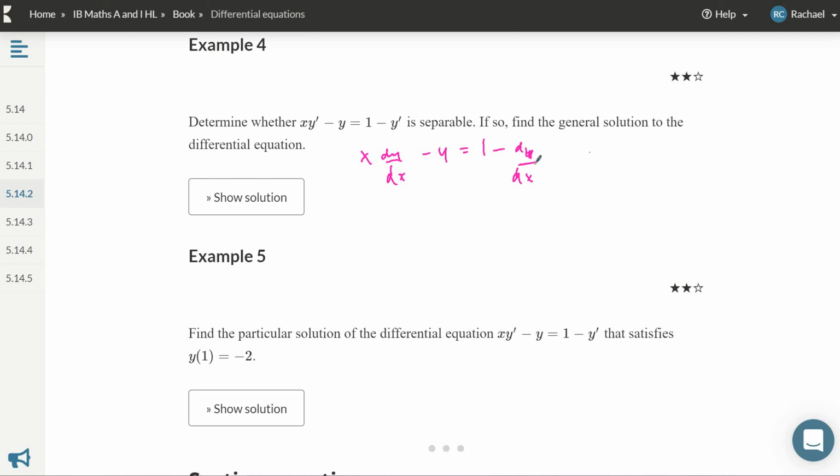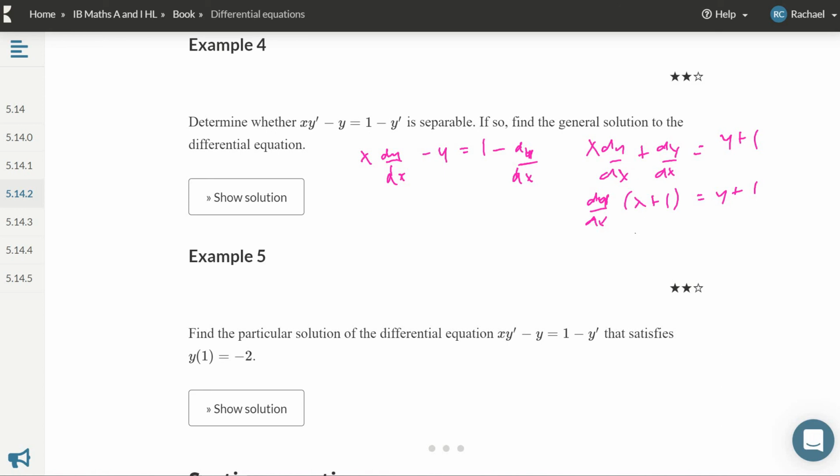So here we're going to get everything with dy dx on one side, and then this is going to be y plus 1 on that side. So then here, if I factor out a dy dx, I have x plus 1 equals y plus 1.